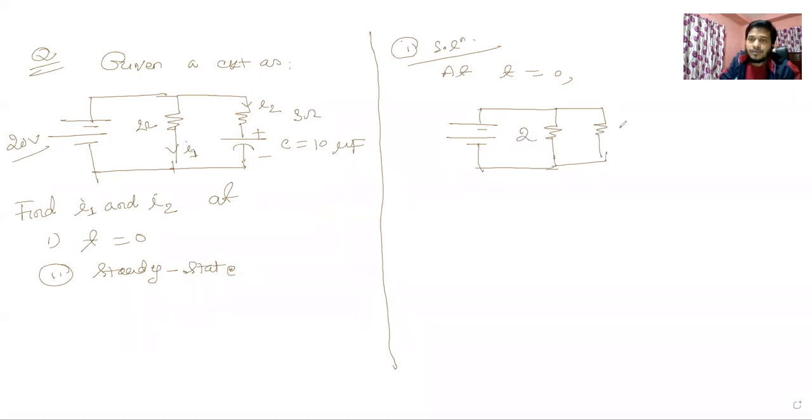This is 2 ohm, this is 3 ohm, and this part will be short circuit. The capacitor is replaced by a short circuit. 20 volt. This is I1, this is I2. Now what would be the value of I1?